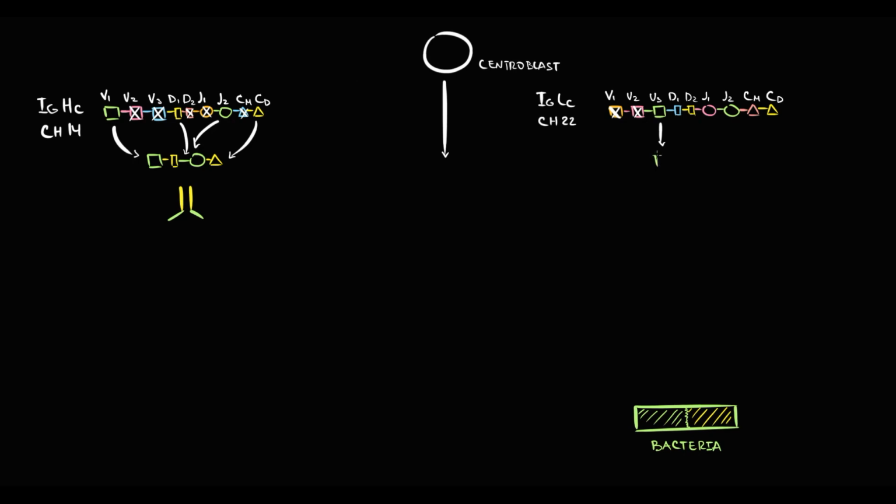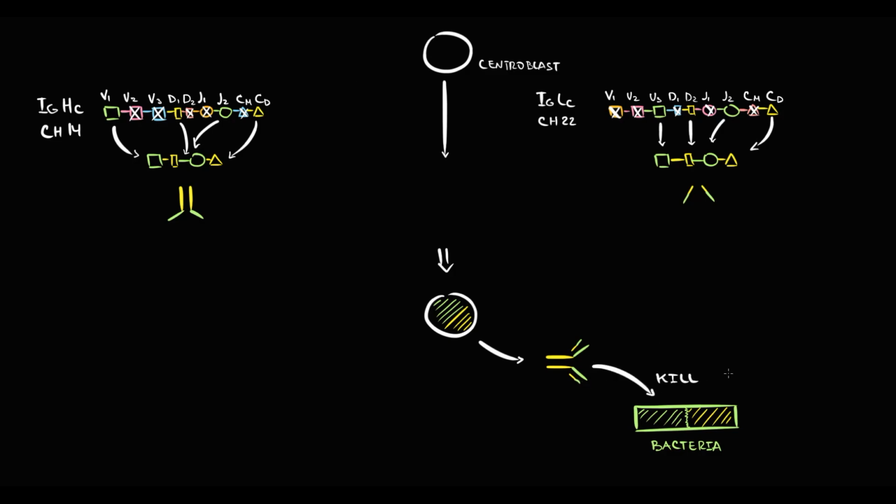The same process occurs in the light chain genes, where a cell step by step selects the most suitable genes for this bacteria, and this results in formation of a gene sequence from which B lymphocytes will form light chains of immunoglobulins. So this entire process in the end causes formation of a B cell that makes immunoglobulins with very high affinity to this bacteria. And exactly these highly selective immunoglobulins can very efficiently kill this bacteria.